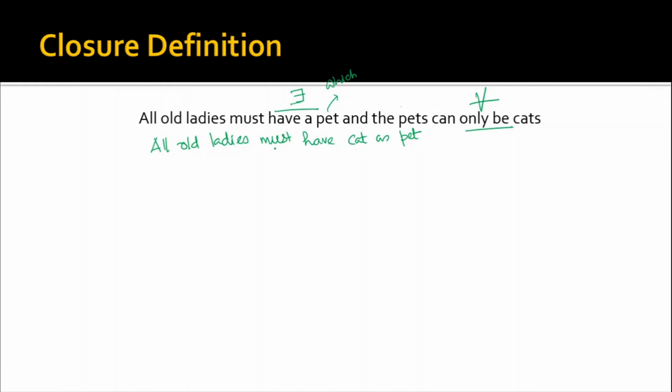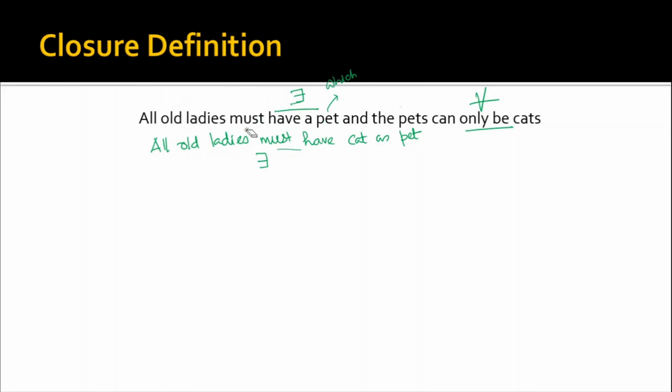Now we can represent this with the existential quantifier. But this does not ensure that one lady cannot have more than one pet in the first place, and in the second place, the pet can be something other than cat. In that case also, this particular statement would be satisfied, right? So that's why we cannot use only the existential quantifier to represent what we are trying to say.